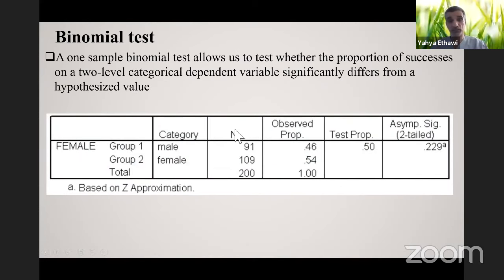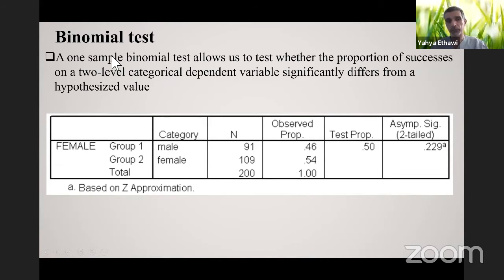Binomial test, again, each one. So you can see the one-sample binomial test allows us to test whether a proportion of success on a two-level categorical dependent variable is significantly different from a hypothesized value. So it's a categorical variable, it's dependent. We're not talking about the mean here, we are talking about the actual values, and it's two-level, so two numbers.